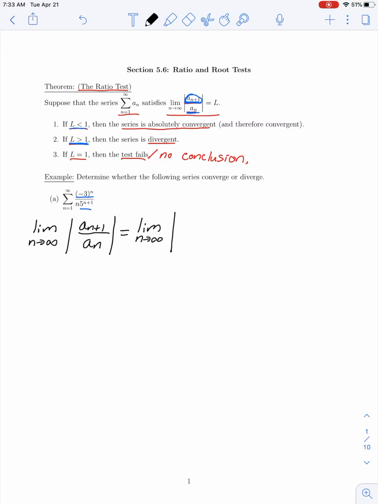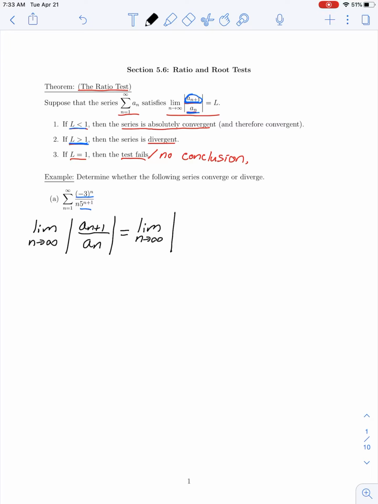So here our numerator would be n times 5 to the n plus 1 power, and then we're dividing by -3 to the nth. If we go ahead and rewrite this as multiplication by the reciprocal of the denominator, it saves us a little bit of work with writing out the steps of these problems.